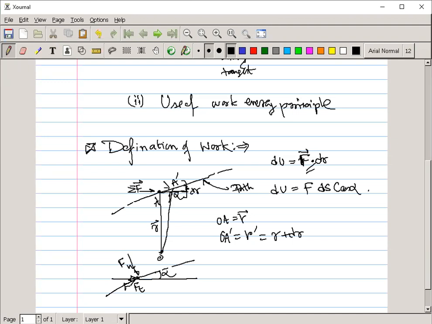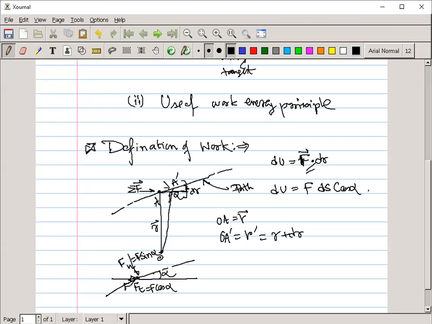F along the path should always be tangential, so Ft is F cos alpha, and Fn is F sin alpha, right? So the magnitude of the dot product is F ds cos alpha.